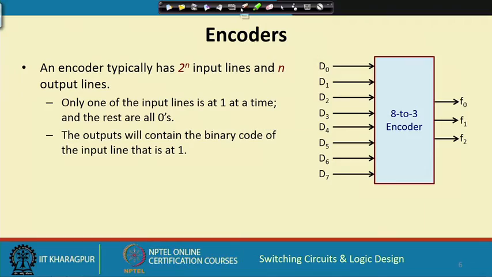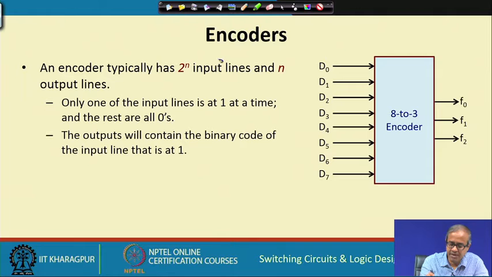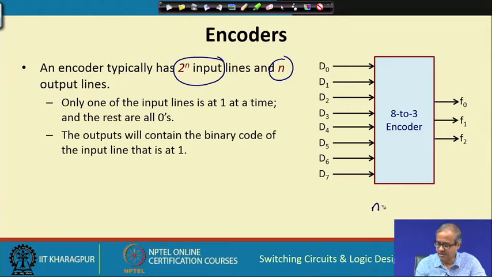So, an encoder will typically have 2 to the power n input lines and n output lines. Here is an example for n equal to 3. There are 8 input lines and 3 output lines. I am assuming here that only one of the input lines is 1 at a time.